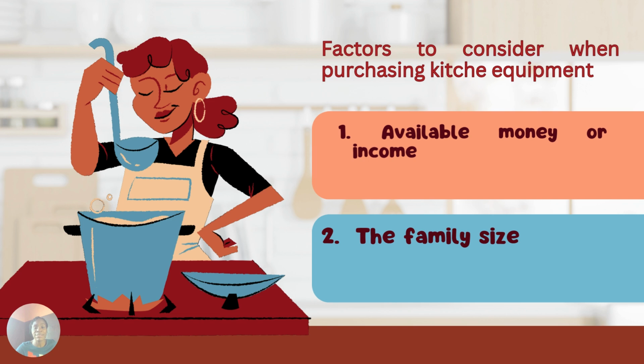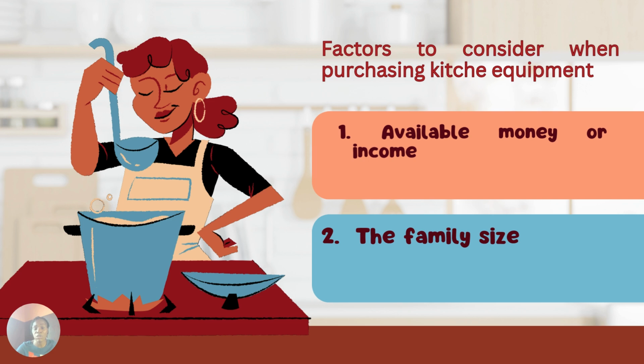Before you start picking up kitchen equipment or tools, you must first check how much you have at hand to purchase this equipment. Because if you don't have enough money to buy durable or effective kitchen equipment, you might end up buying bad equipment. So the first factor to consider is the money you have.